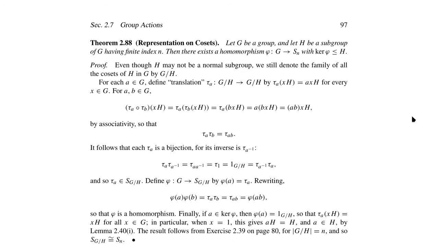So again, tau A times tau B works out to tau AB, right? And thus this is also a bijection, because if you check the inverse like we did last time, it's essentially the same thing, that you're going to have the identity in the set of all cosets, the G mod H set.